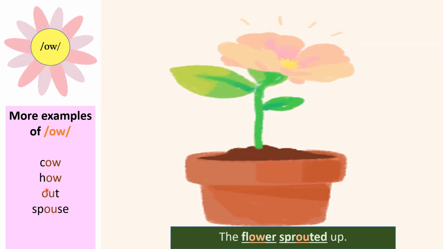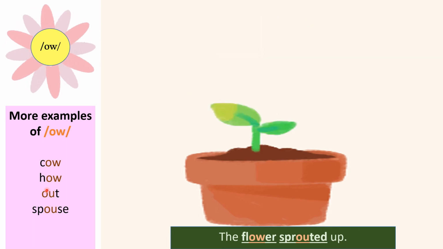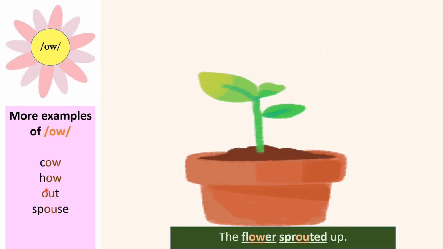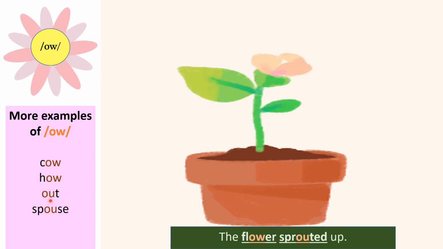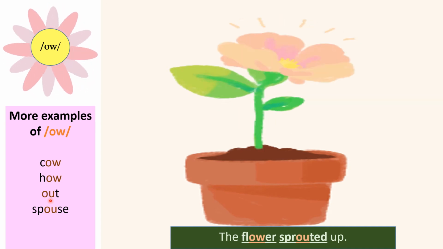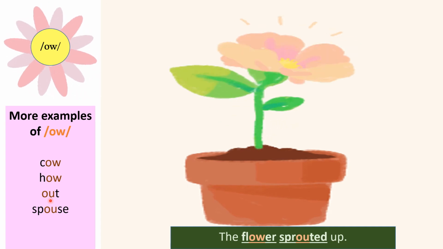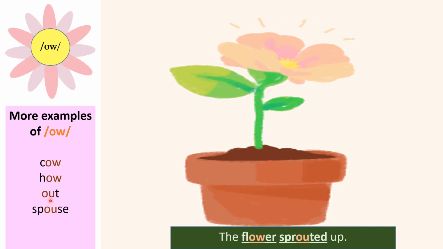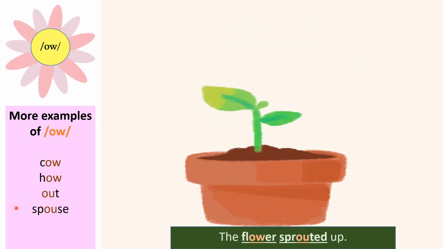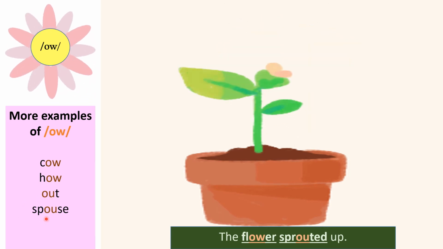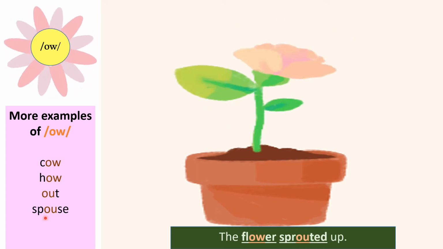However, in some cases, the ow sound can be spelled like OU. That can be found in the beginning of a word, like in the word out, and can also be found in the middle of the word, like spouse.